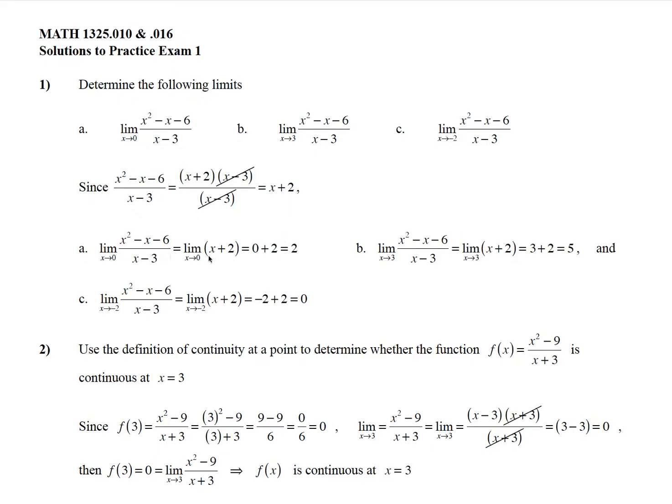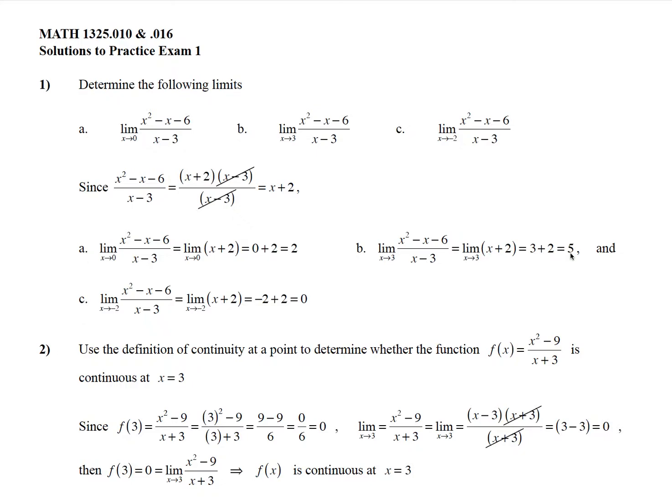Since this rational function equals x plus 2, we take the limit as x approaches 0, and so we just substitute 0 in for x, and 0 plus 2 is 2, so that's your first limit. Now as x approaches 3, we again take the limit of the same reduced function, x plus 2, which means we just substitute a 3 in for the x, and so 3 plus 2 is equal to 5.